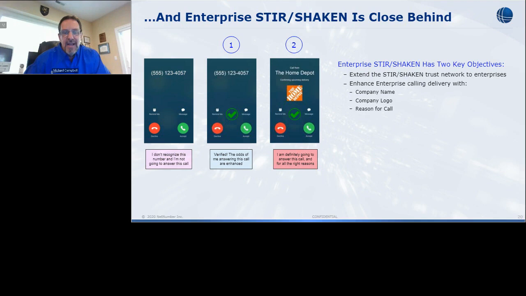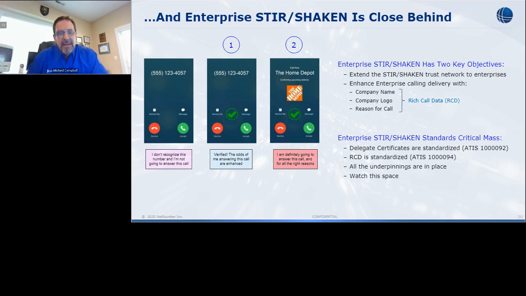Now, the standards that lie behind this actually have reached critical mass at this point. The underlying certificate technology, delegate certificates, which we haven't really talked about here in this webinar at all, have been standardized as ATIS 10092. The rich call data, which carries the logo and the reason for the call and the calling name presentation, has been standardized as ATIS 10094.